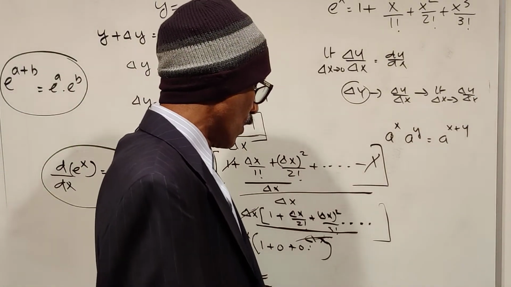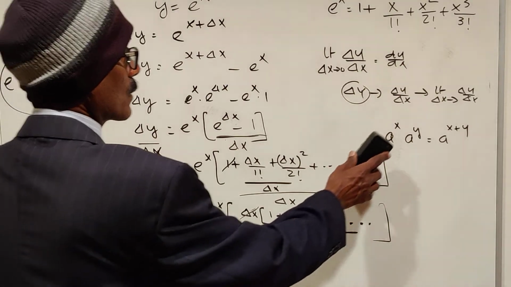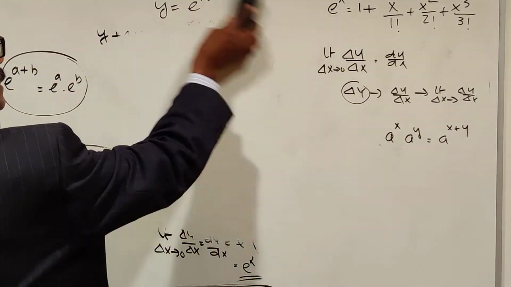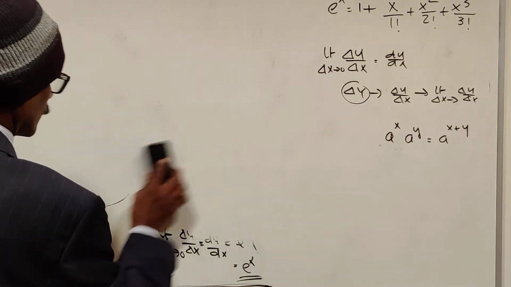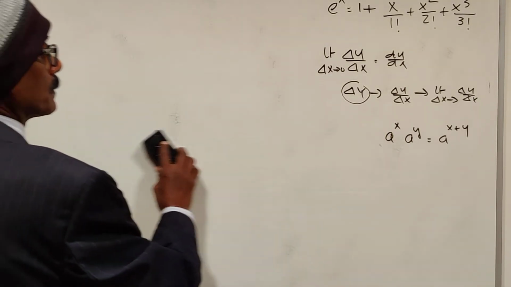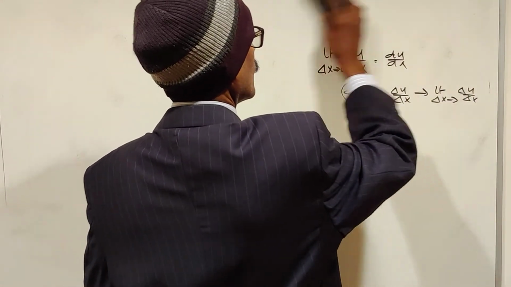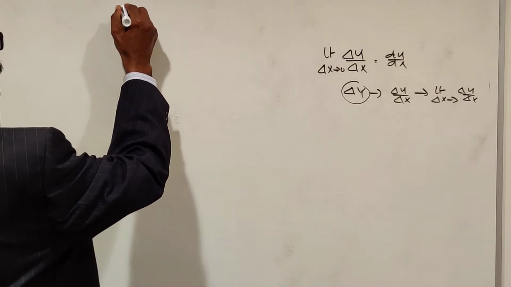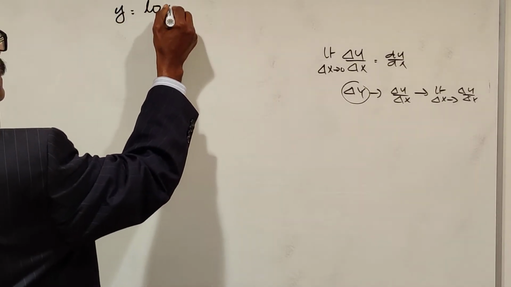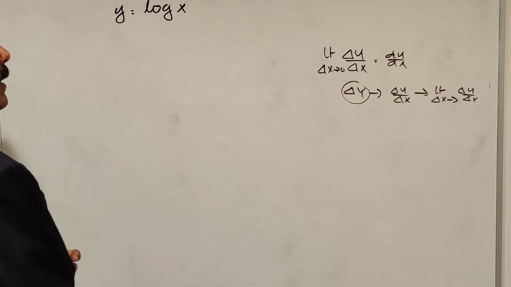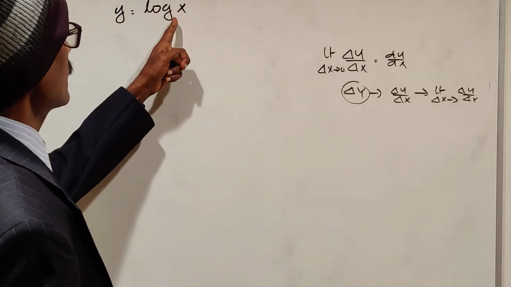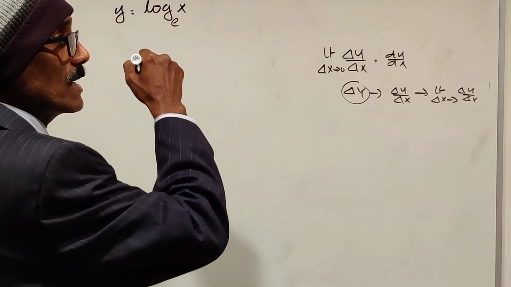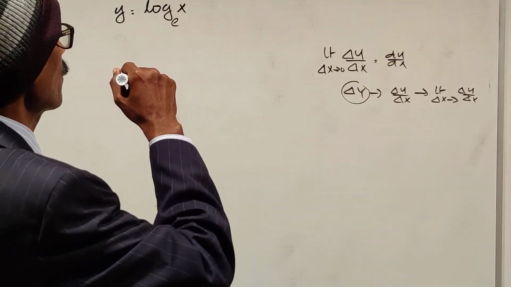Next one, differentiation of log x. Y is equal to log x. Log x: if there is no base number, it means the base number is e, the exponential function.